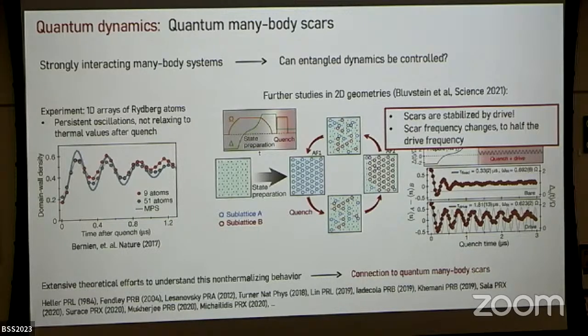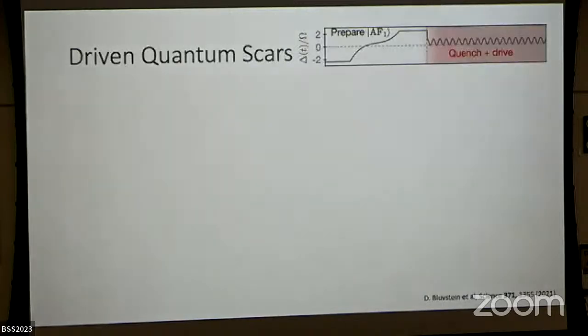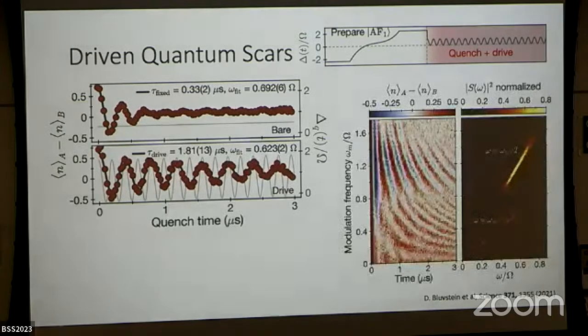I would need to check what we did, but I think we tried that too, and I think you still see it. We changed the frequency, and I think you can still see it. I might have a plot. Do you see this? Yeah, here we change the frequency of the drive, and you see that you get these scars up here.